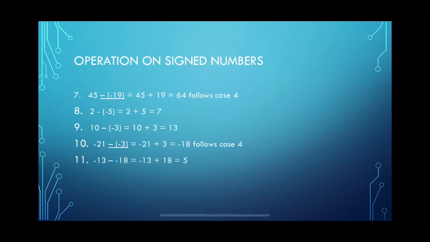So for number 11, we have negative 13 minus negative 18. So it will become negative 13 plus 18 is equal to 5. For number 12, we have negative 16 minus negative 4 is equal to negative 16 plus 4 is equal to negative 12, as negative and negative 4 follows case 4.